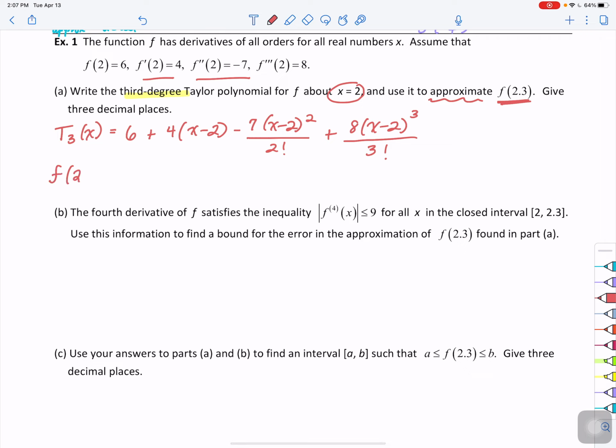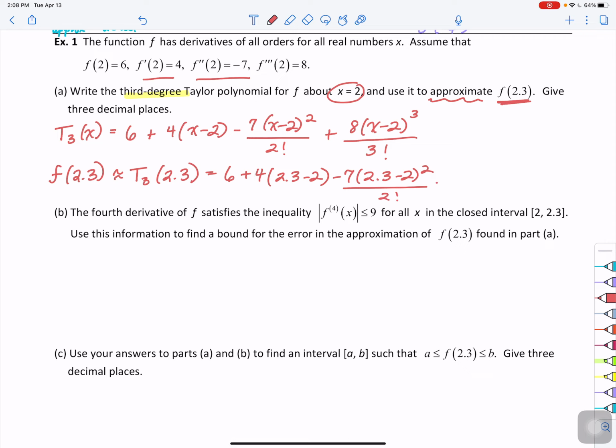F of 2.3 is approximately equal to T3 of 2.3, which is equal to 6 plus 4 times 2.3 minus 2 minus 7 times 2.3 minus 2 squared over 2 factorial plus 8 times 2.3 minus 2 cubed over 3 factorial.